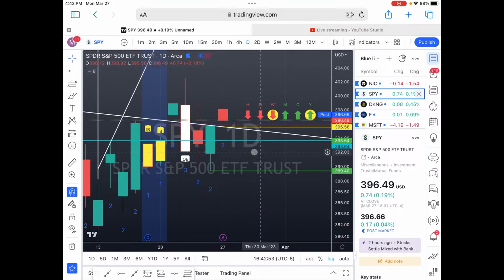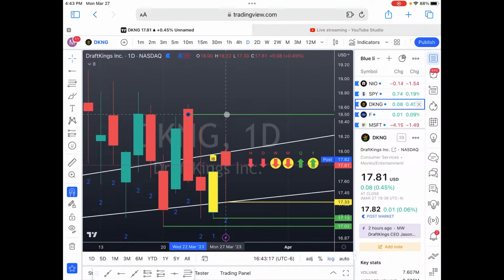So if we looked at 395.43 on here, that month is going to flip just before we hit our trigger to the downside. So we would have the hourly, the daily, the weekly, and the monthly all in our favor on this setup. So we can look for puts at 395.56 and first targets at 389.40 on SPY.